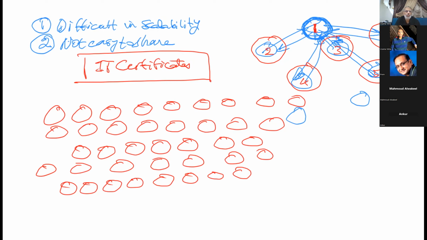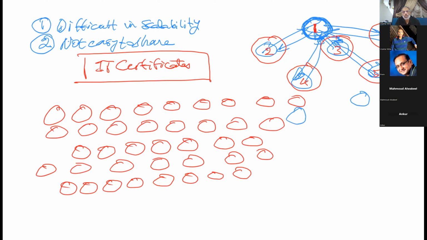This means that if someone is monitoring one of the channels, he will not be able to get 100% of the information. It will be only 50% of the information. Then, as we can see, this method is very difficult in scalability, and it's not easy to share the keys and so on.